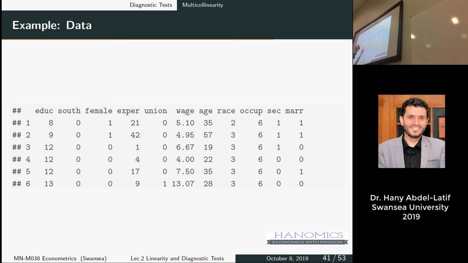Experience: these are years of experience. So the first person is a female and she has 21 years of experience. Union: whether they are a member of a union or not, so yes or no, 0 or 1. Wage is how much they receive.